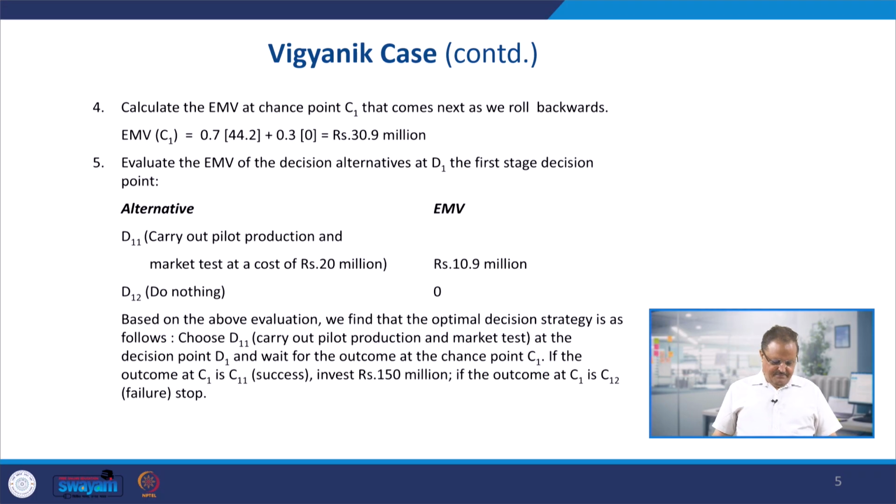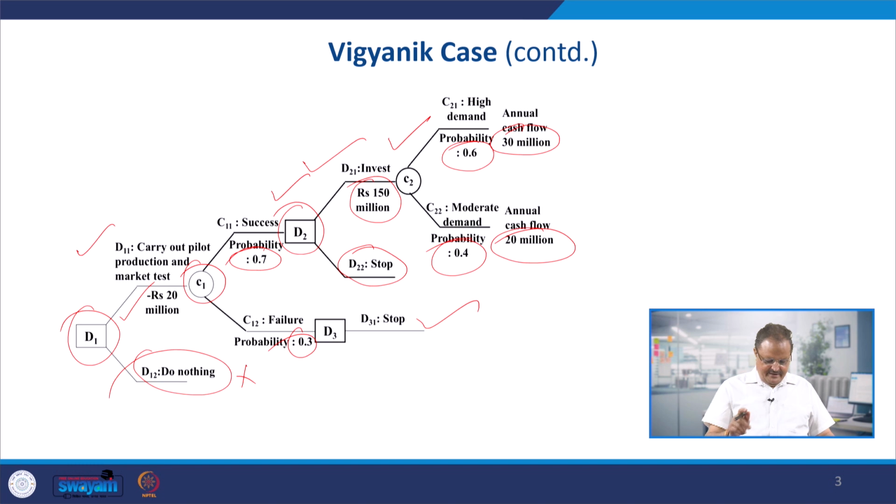Now, the next step involved in this case is that we have to calculate the expected monetary value at C1, that comes next in the roll backward. So if you calculate the expected monetary value at C1, what is C1?